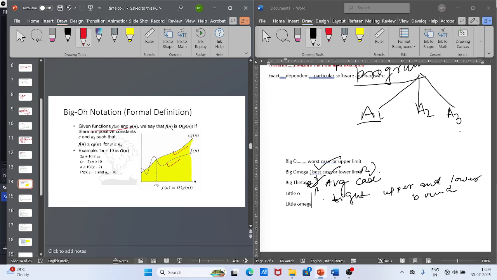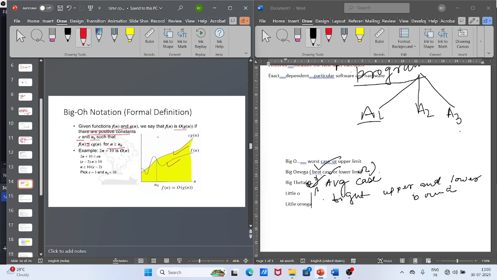We say that f(n) is order of g(n) if there are positive constants c and n0 such that f(n) is less than or equal to c times g(n), where n is greater than or equal to n0.